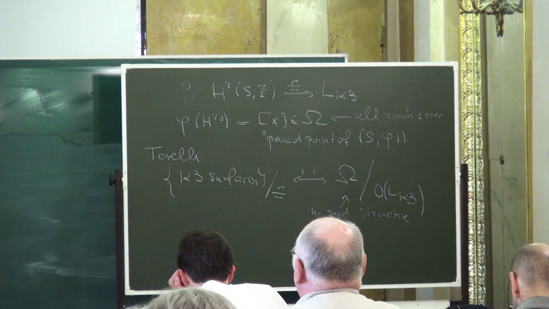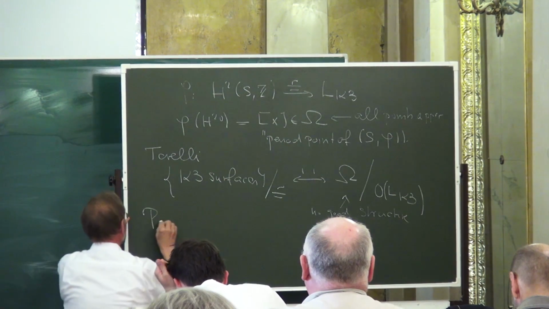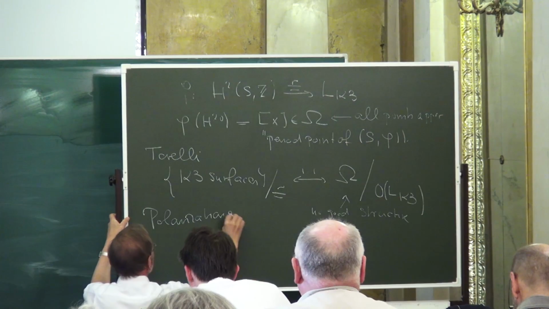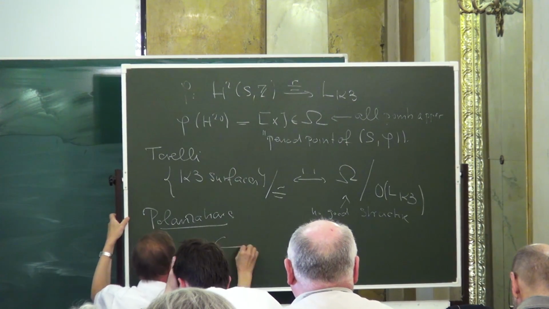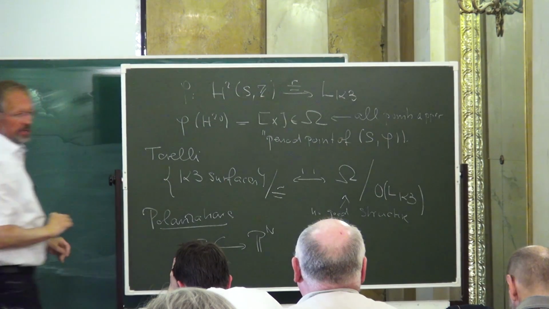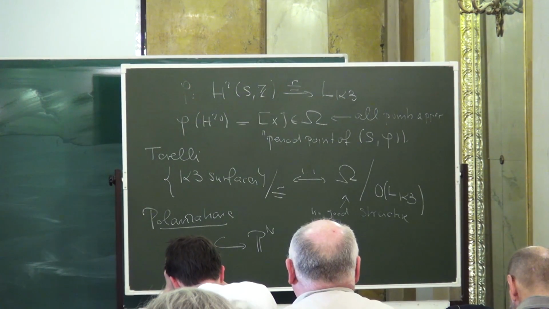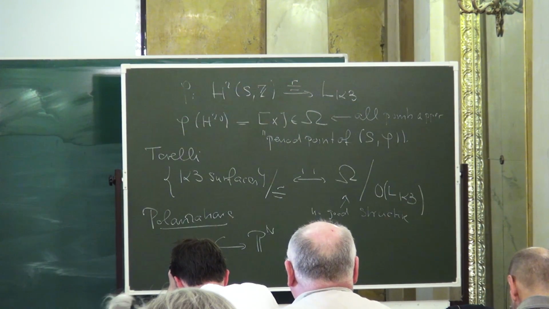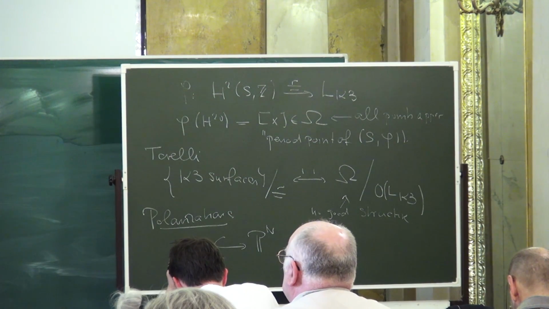Okay, so next point is polarizations. And what I want to do is put myself now into an algebraic setting. So now I assume that all of my K3 surfaces are embedded in some projective space. And you should think of polarization as an embedding.